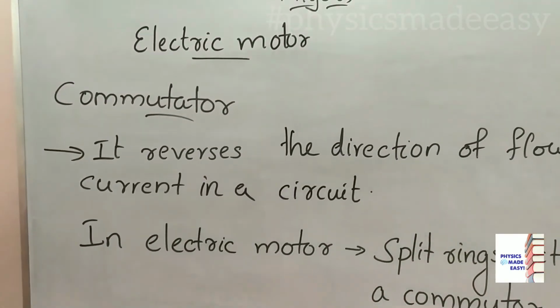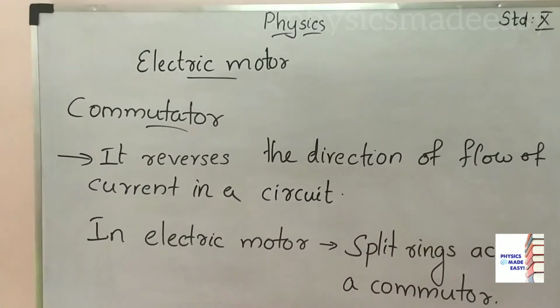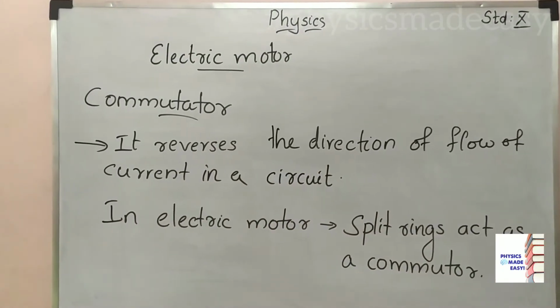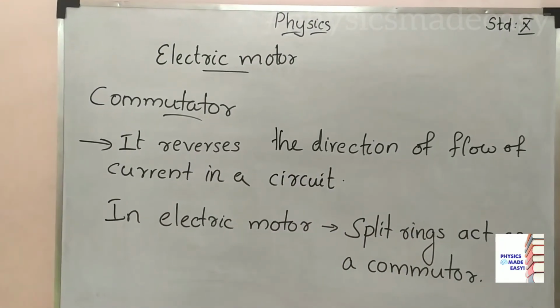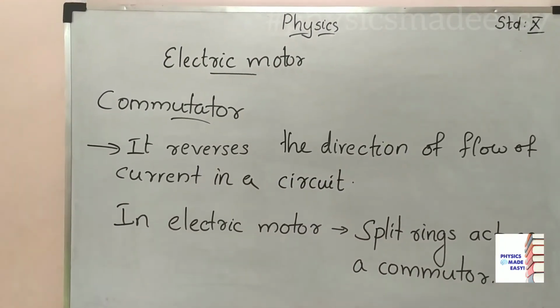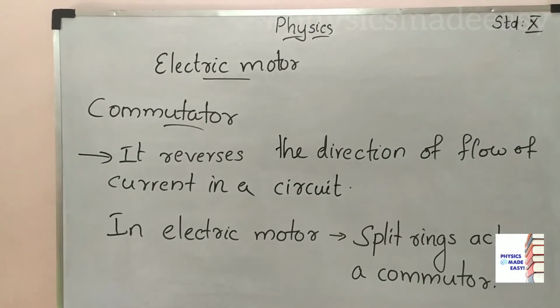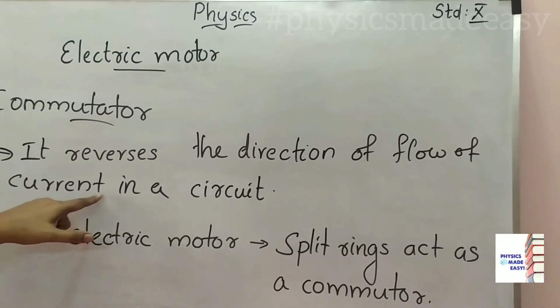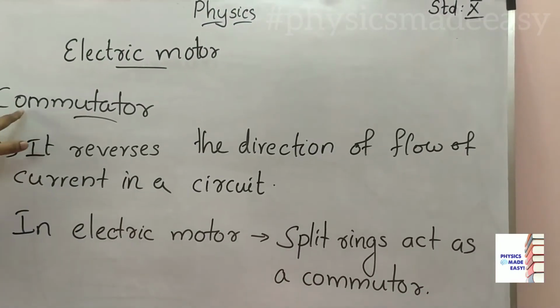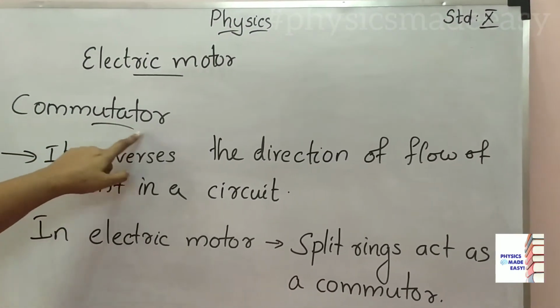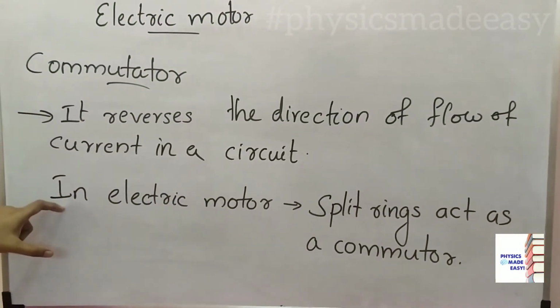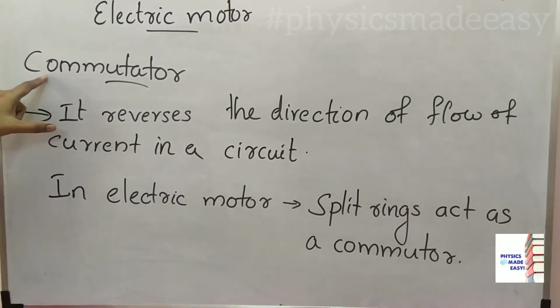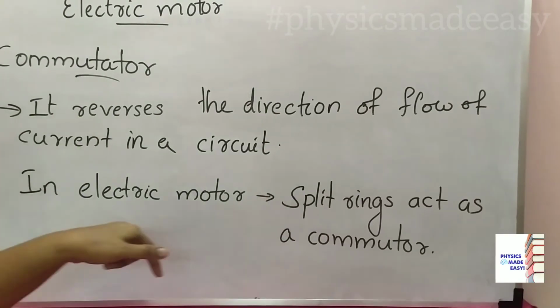Children, I told you, in an electric motor, at each half of the rotation the direction of current is reversing. We have a device that can reverse the direction of flow of current in a circuit. We can call that a commutator. In an electric motor, split rings act as a commutator.